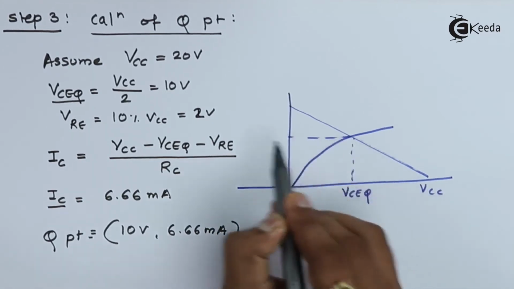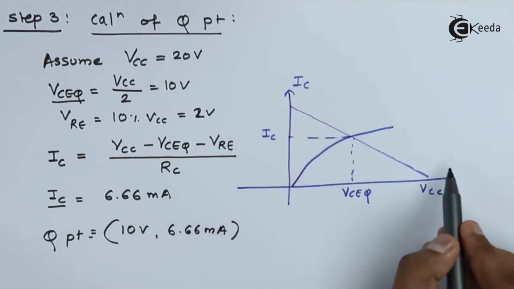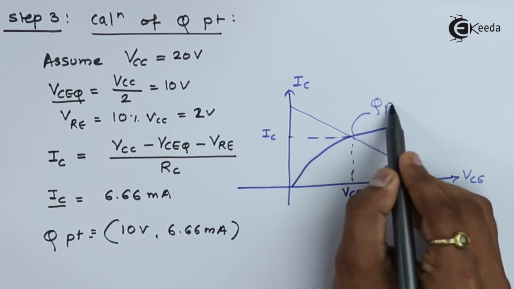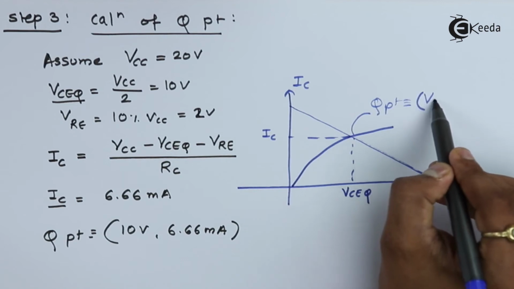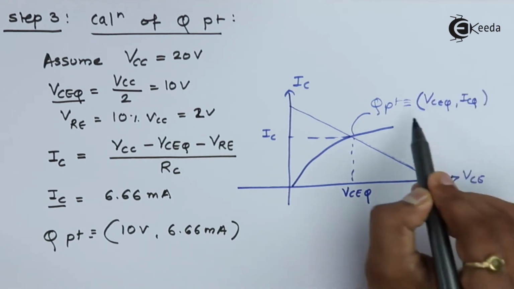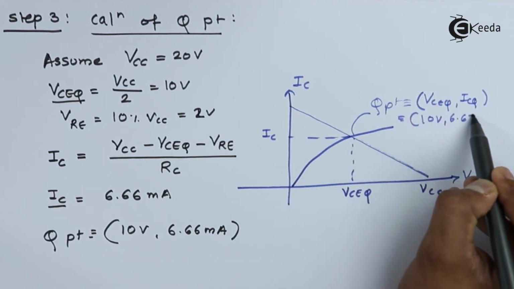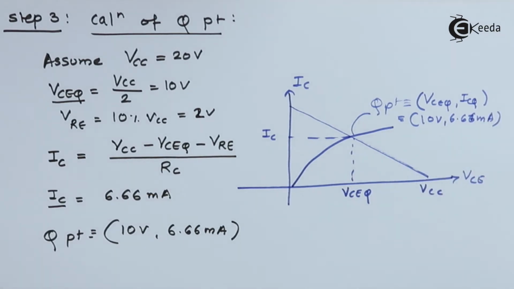Here you will have the value of IC and VCE, and here is your Q point, which gives you VCEQ, ICQ equal to 10 volts, 6.66 milliampere. Very straightforward. Step number 3 is completed.